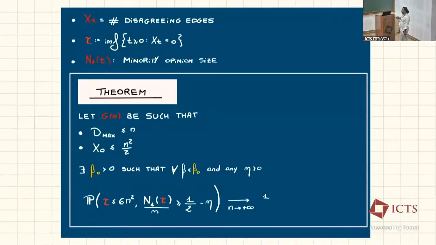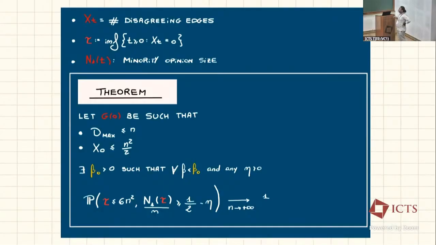If G_0 satisfies this condition, then there exists beta naught small such that for all beta less than beta naught, and for any eta bigger than 0, the consensus time is order of n squared, and the minority opinion at time tau is close to half as n tends to infinity.